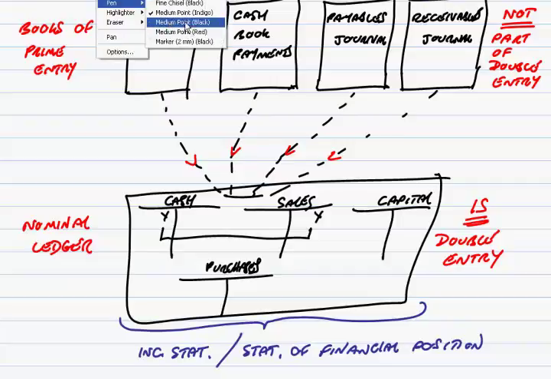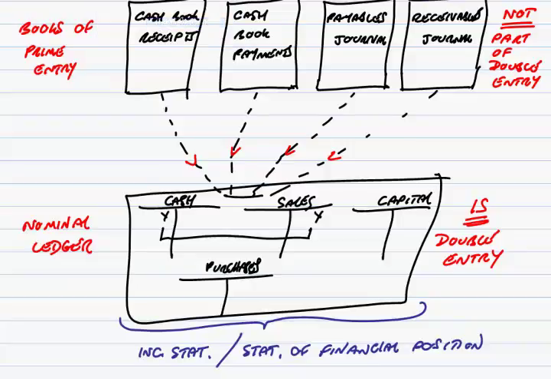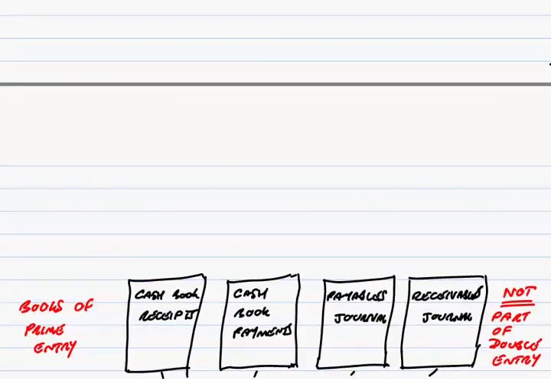Finally, I did say that although in the nominal ledger we will have a record of total receivables, total payables, we do need to keep a note of how much each customer owes us, how much we owe each supplier. So we'll have 2 more books.